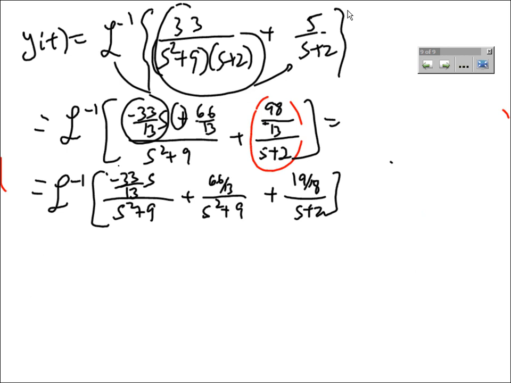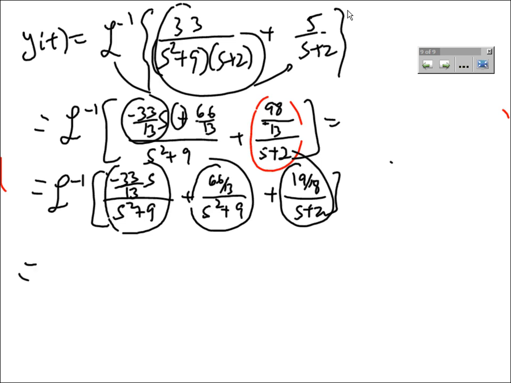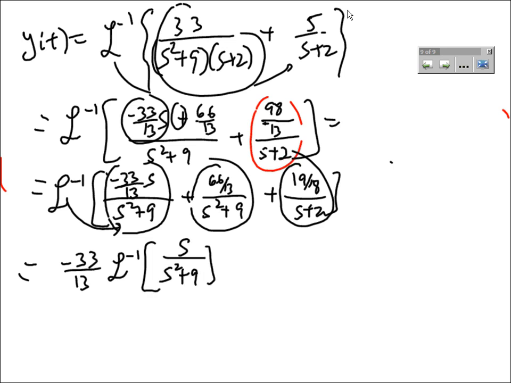So it's the Laplace inverse of this, plus the inverse Laplace of that, plus the inverse Laplace of that. Now, when you take the inverse Laplace of the first, you can factor out that 33 over 13 and just take the inverse of s over s squared plus 9.